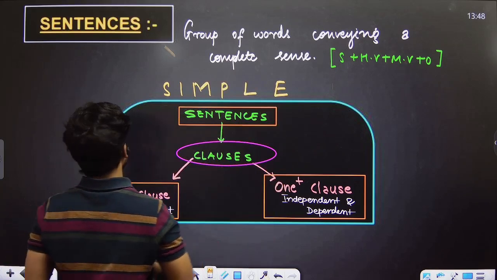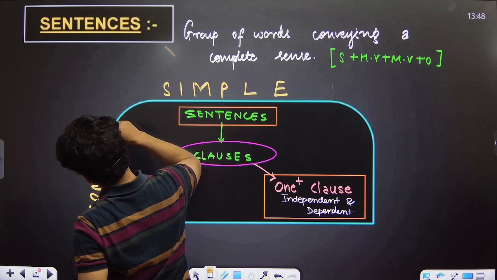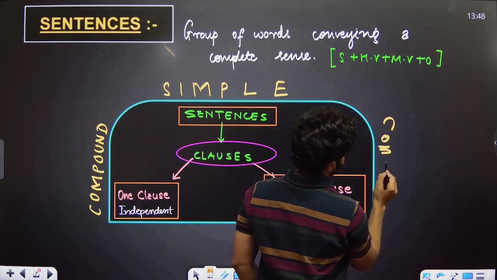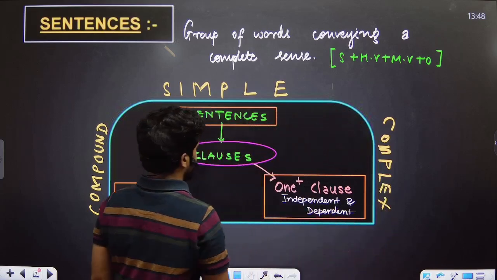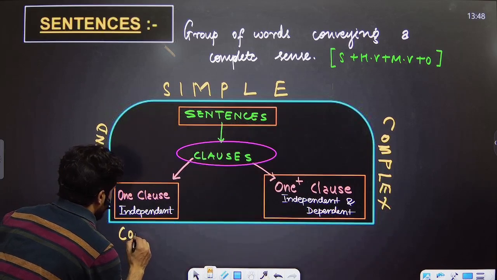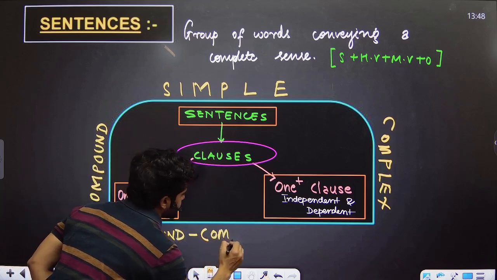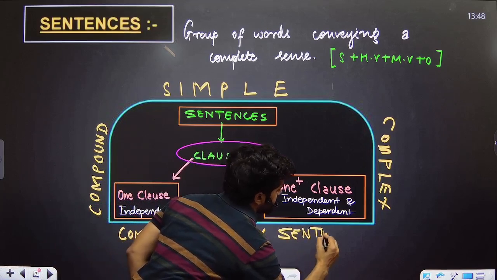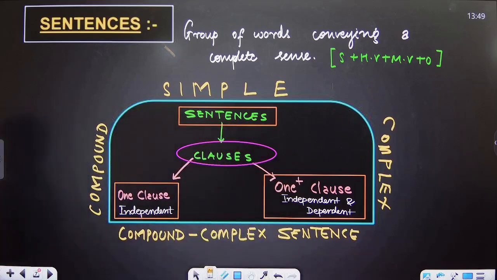Then you have your compound, your complex, and your compound complex. So these are the four types of sentences based on structure.